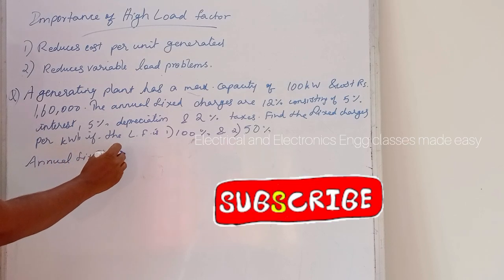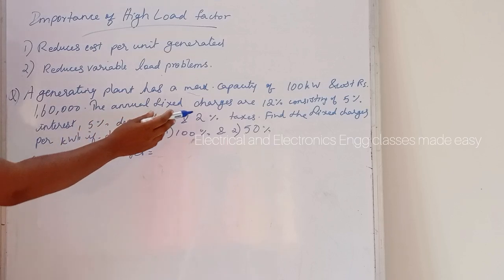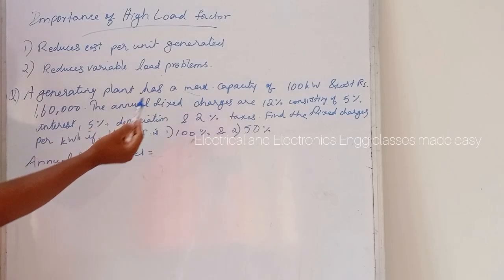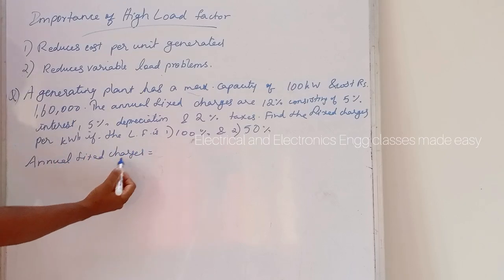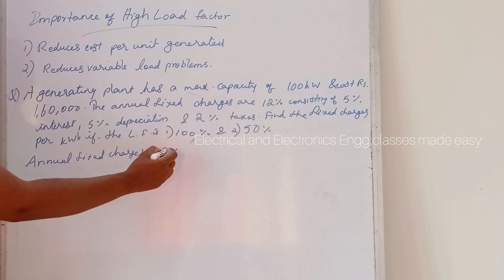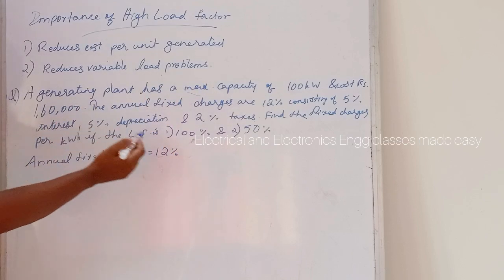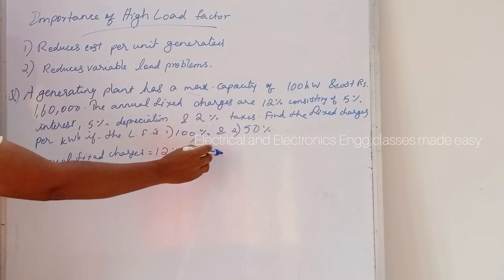Annual fixed charges is equal to, it is given that annual fixed charges are 12 percentage. So it is equal to 12 percentage of the cost, that is 1,60,000.